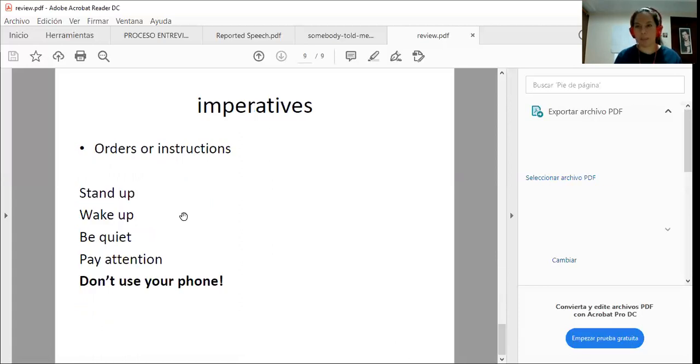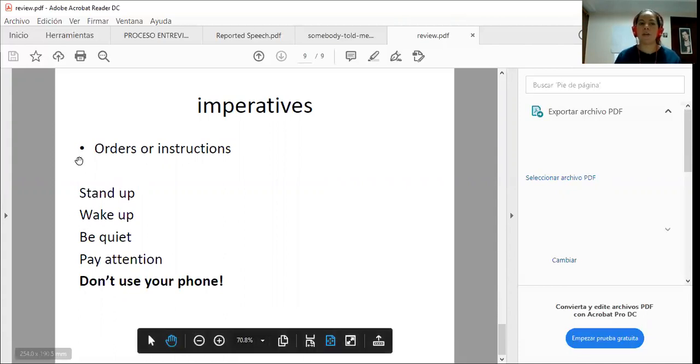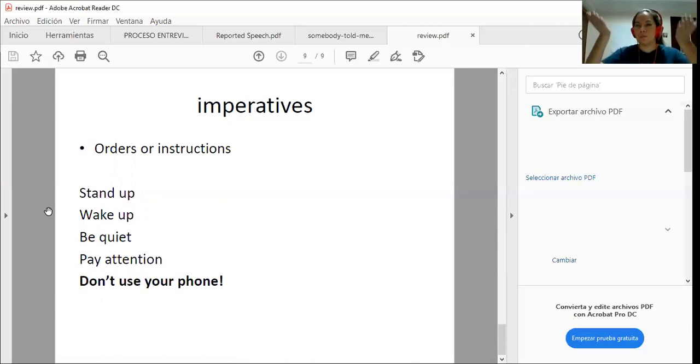And the imperatives. These are orders or instructions, and as they are set in general, we don't need a pronoun or a subject. Okay? I can say "stand up," and all of you in the classroom, you stand up. Okay, be quiet, pay attention, open your book, etc.